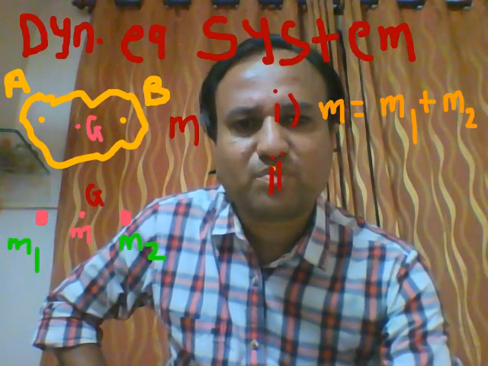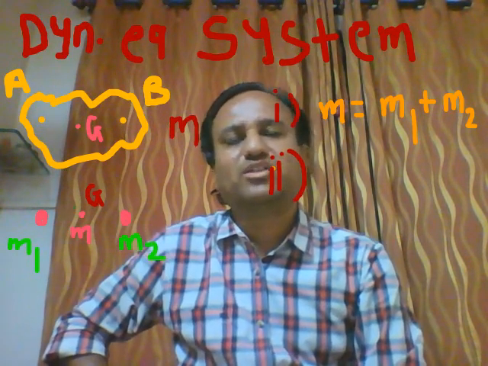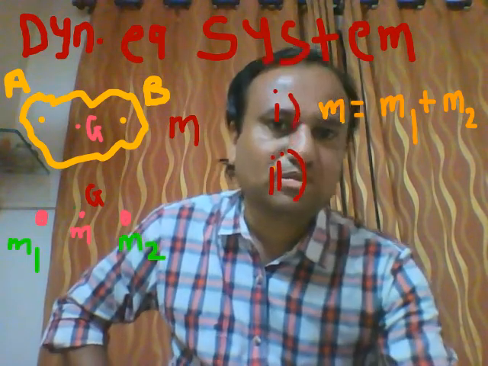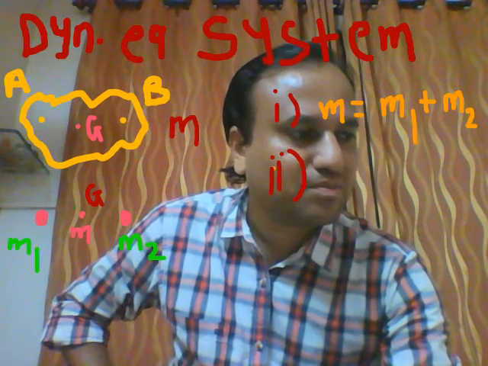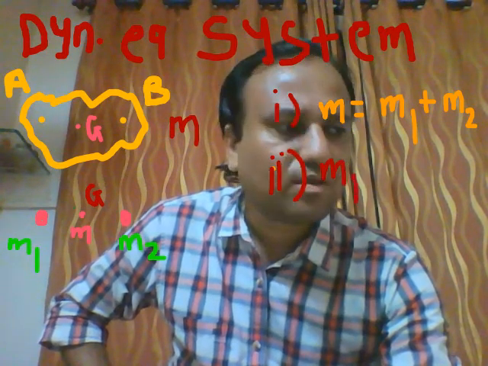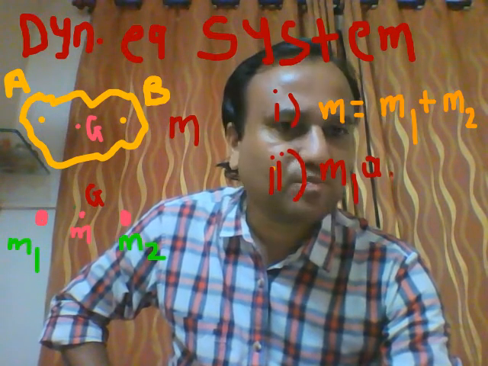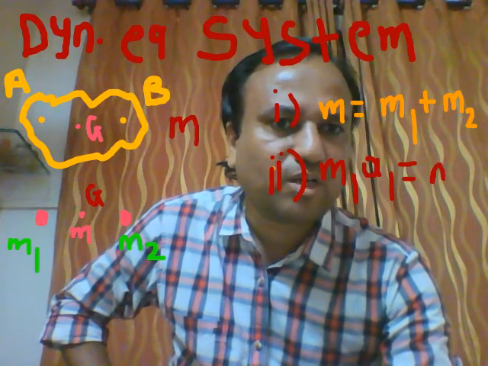Now, to have a system in a perfectly dynamically equivalent condition, the second condition which is satisfied by a dynamically equivalent system is m1 a1 is equal to m2 a2.